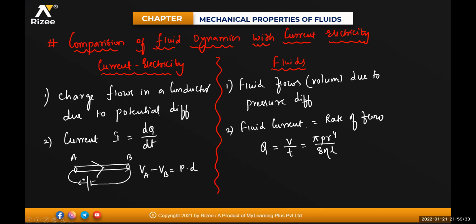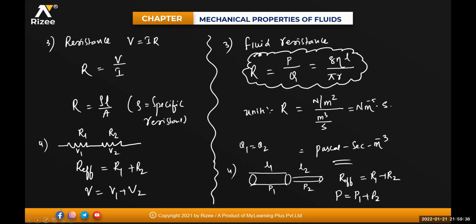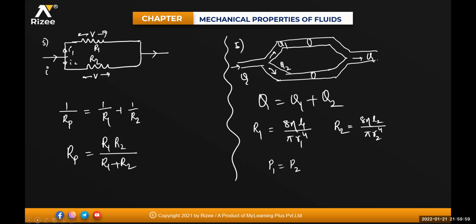Comparison with this one, fluids in this one. You need to remember the formula for resistance in series and parallel. Fluid resistance formula: 8 neta L divided by pi r to the power of 4. So I have written this, pi r to the power of 4. Okay.